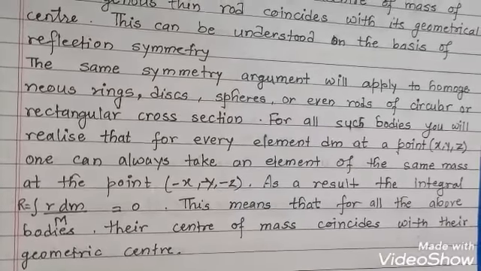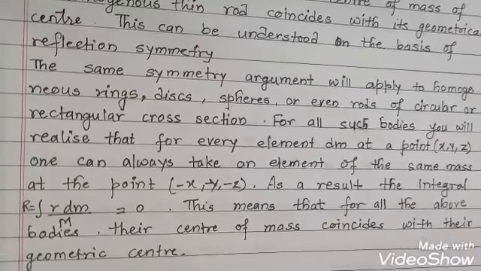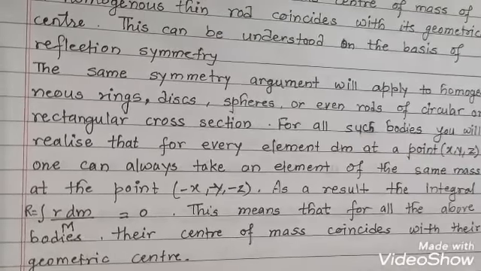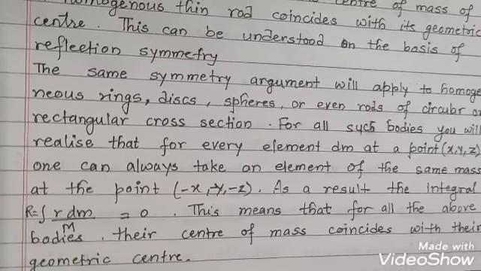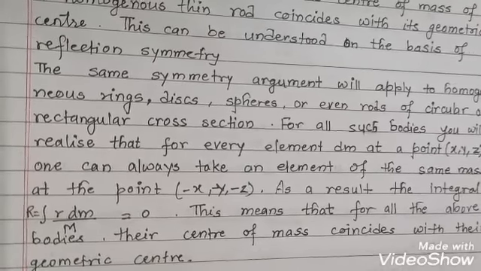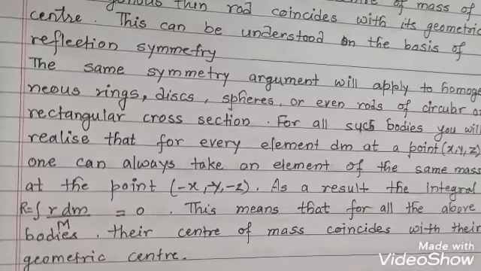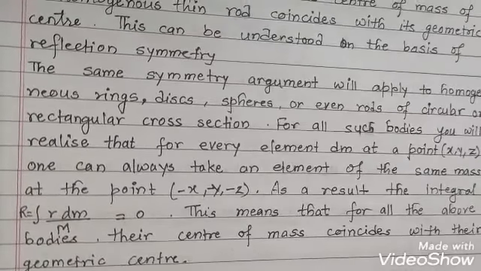For all such bodies you will realize that for every element dm at a point x, y, z, these being the coordinates of the point, one can always take an element of the same mass at the point minus x, minus y, minus z.